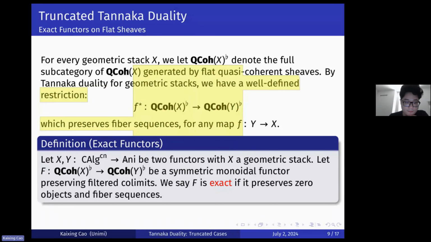So this tells us that we can define this if we start from an arbitrary symmetric monoidal functor between the flat objects.